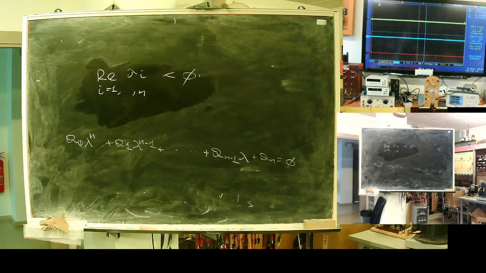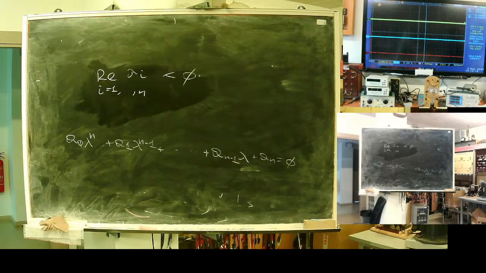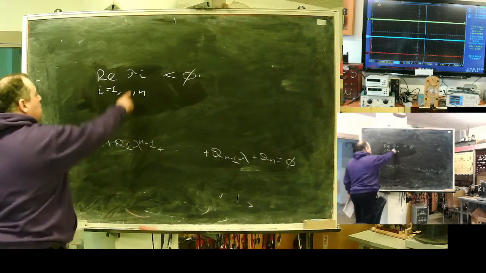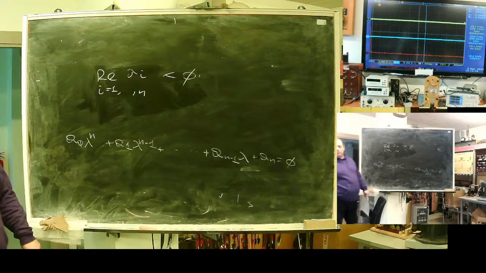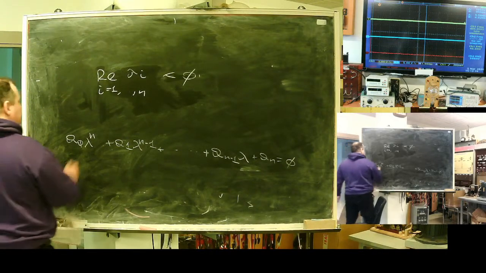This system can be characterized by decaying energy, so the system will go in the end to some stable state. If one root has a positive real part, the system is unstable.